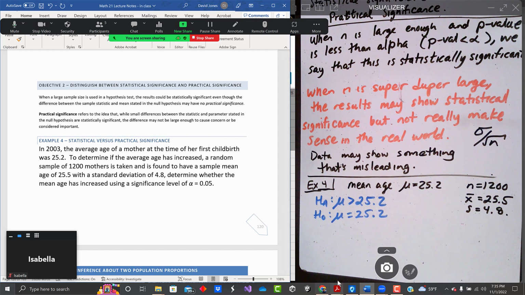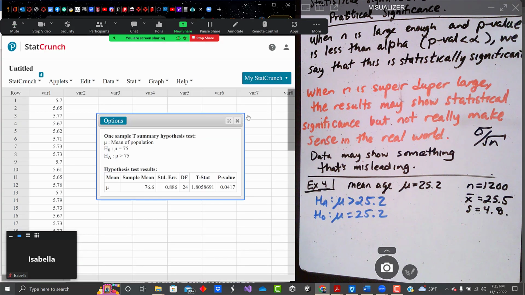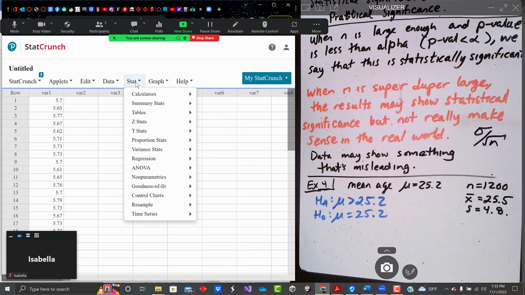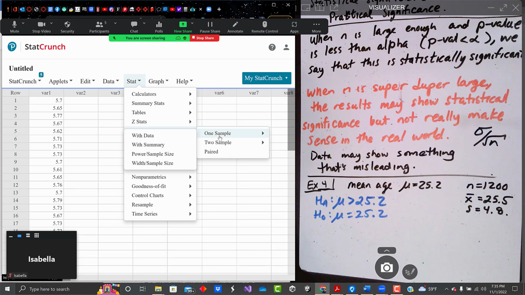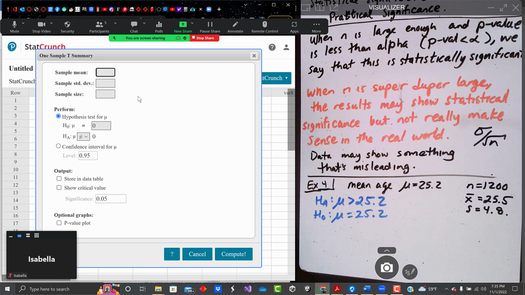All right, so let's go look at it. Stats, t-stats, one sample with summary. The sample mean was 25.5. The standard deviation is 4.8. Sample size is 1,200.